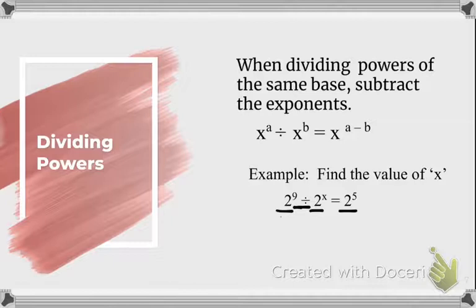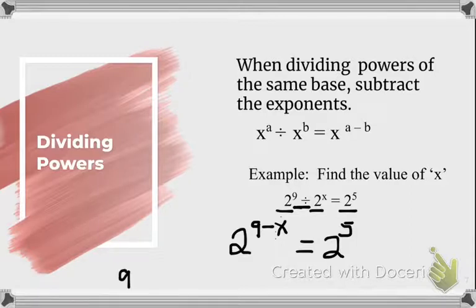And because the bases are the same, I'm going to go 2 to the power of 9 minus x, and that's going to give me 2 to the power of 5. So what value of x can I put in so that 9 minus it's going to give me 5? So what you can do is write 9 minus x equals 5.